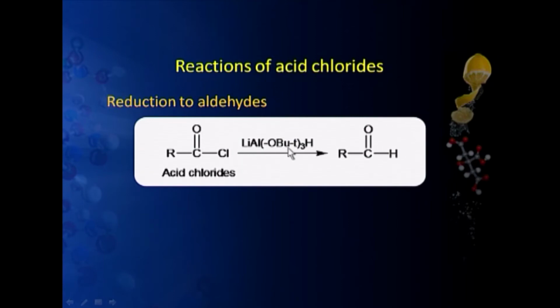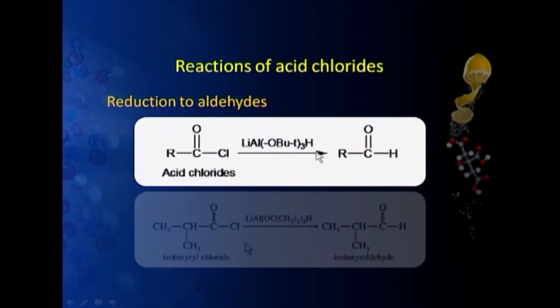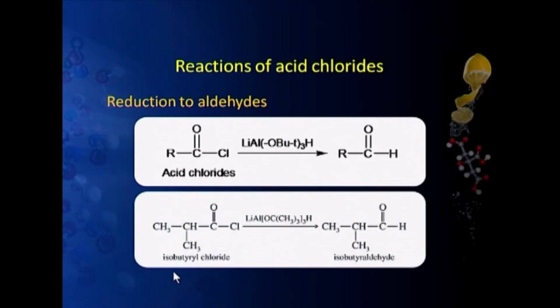So actually we name this compound as lithium tri-tertiary butoxy aluminium hydride. Isobutyryl chloride, for example, undergoes this reaction with lithium tri-tertiary butoxy aluminium hydride to give the corresponding aldehyde.